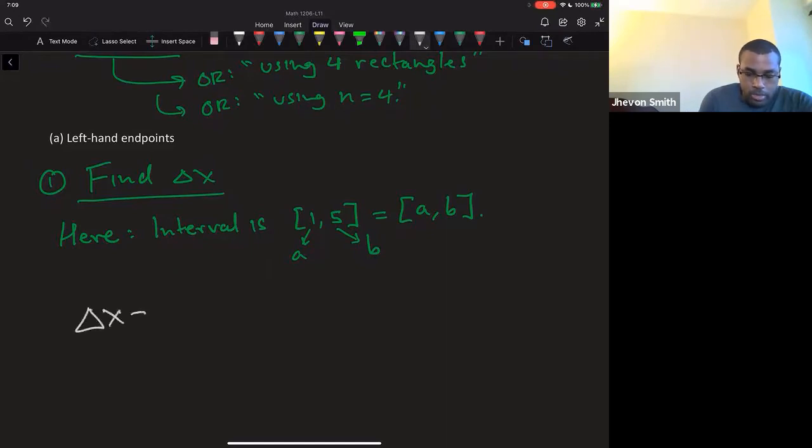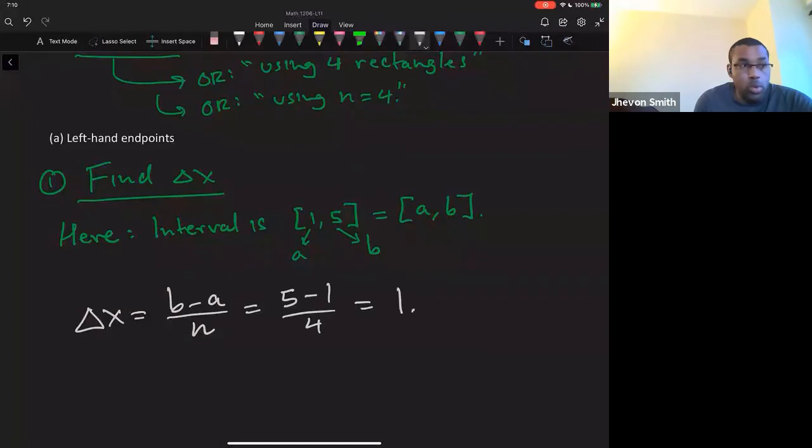Your delta x is going to be b minus a over n. That's always what it is, so you should have that memorized. Here it's 5 minus 1 over 4, which is 1. That's it. So that's your delta x.